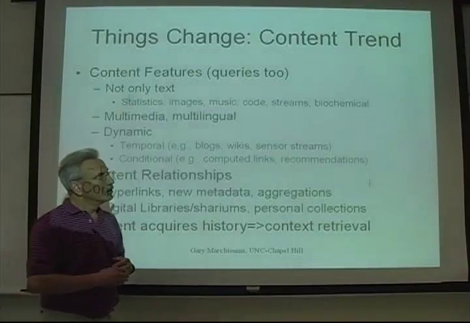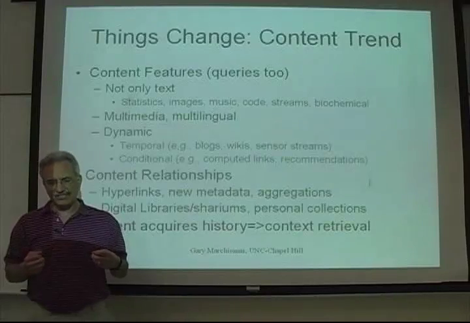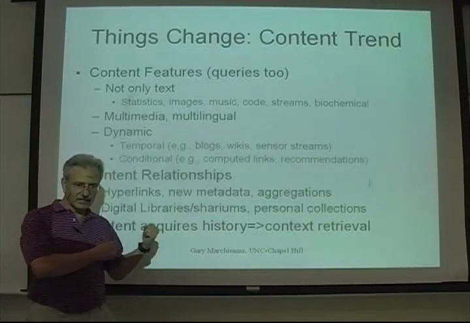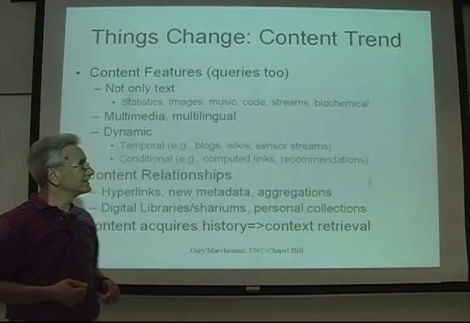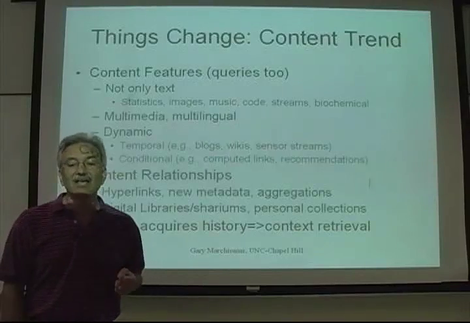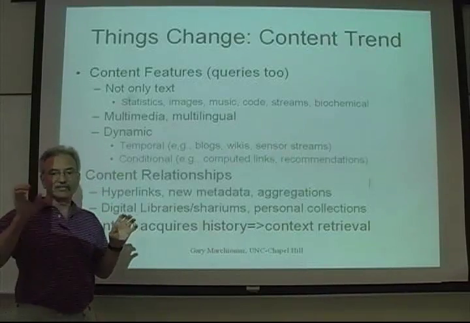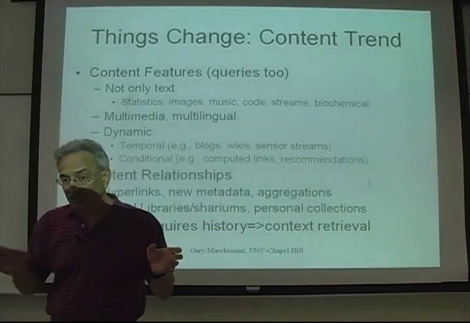So, what's driving some of the changes that make us question whether this classic paradigm is powerful enough to take us to the next step? Well, first of all, the content and the queries have changed. The document spaces and the query spaces are no longer just made up of text.